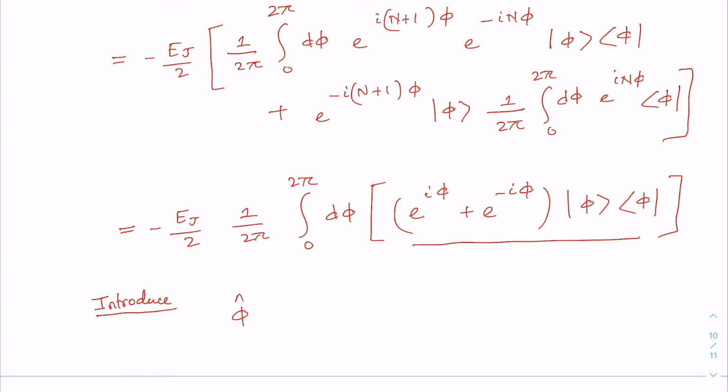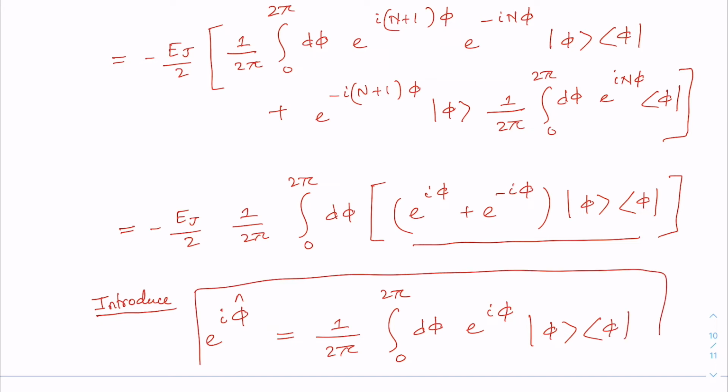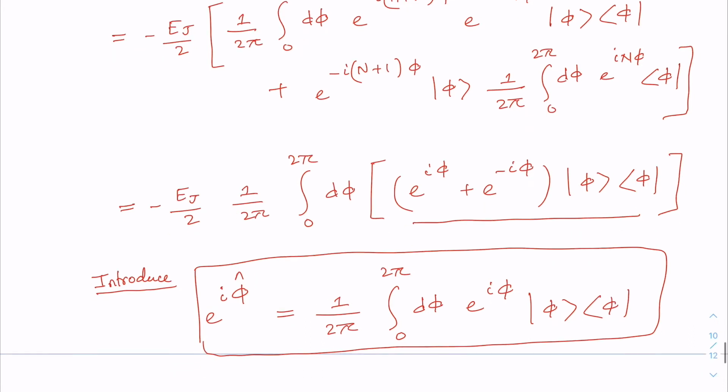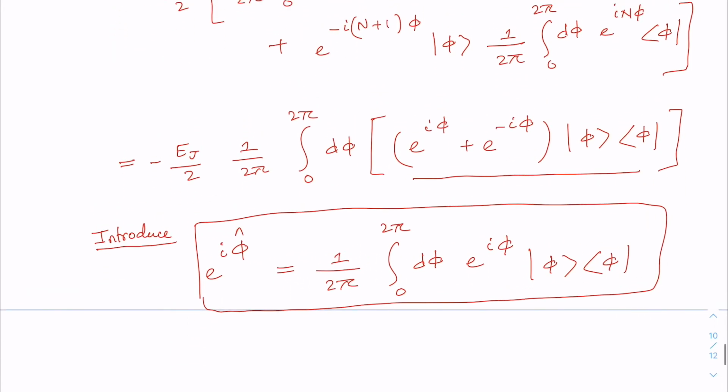If I define the operator e to the power i phi cap as 1 by 2 pi, integral from 0 to 2 pi d phi e to the power i phi, ket phi bra phi, then you can easily see that this Hamiltonian can be written in a simpler, more compact form: minus E_J cos phi cap.